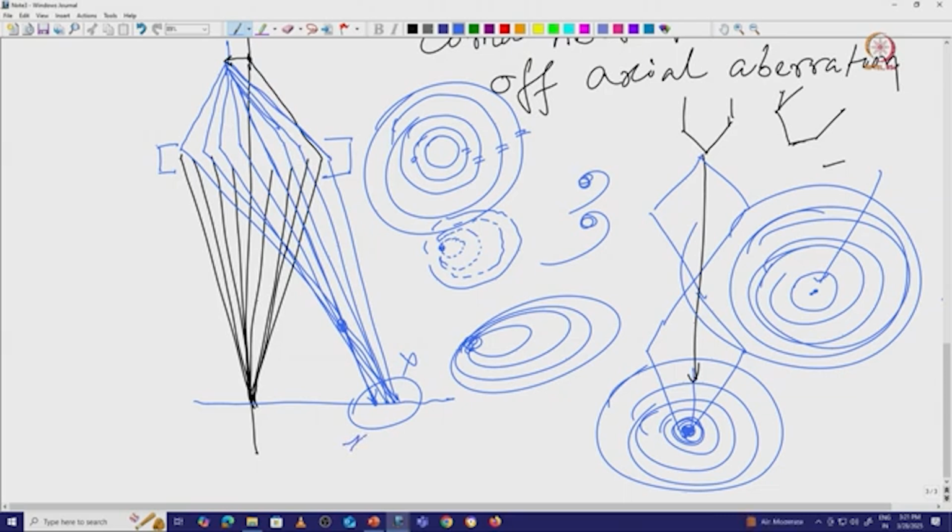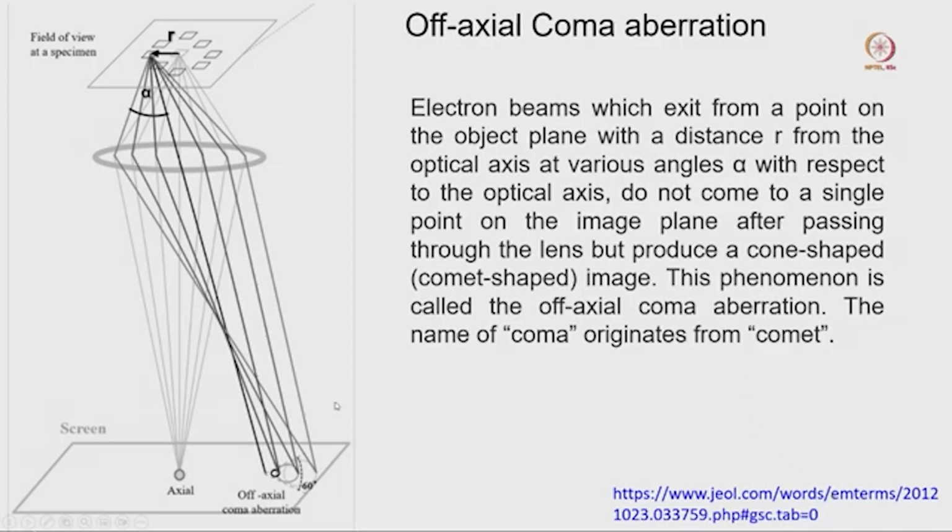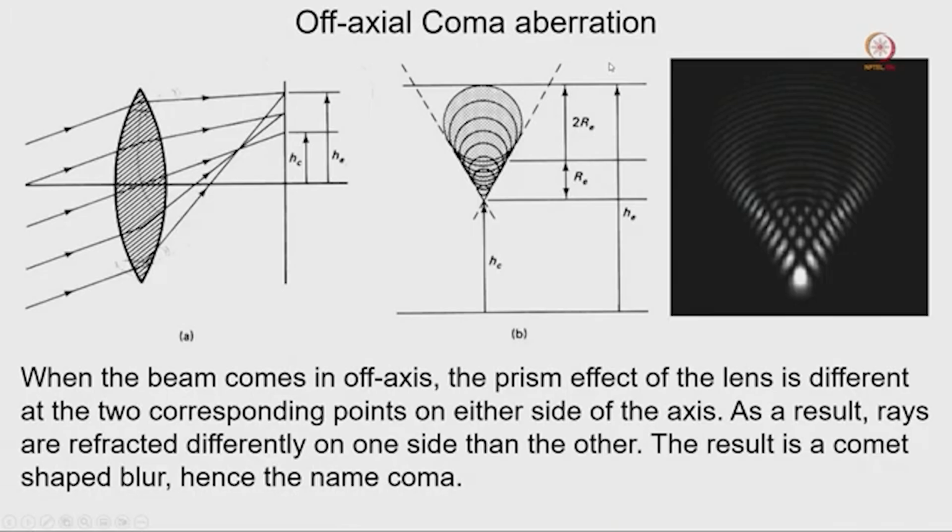Let's take a look at how this coma aberration looks. It will be better to show you in an image. Here, if we go to our power spectrum, this is our astigmatism. Now this is the off-axial coma aberration, and when there is a coma aberration, the coma shape will spread like that, the electron beam.